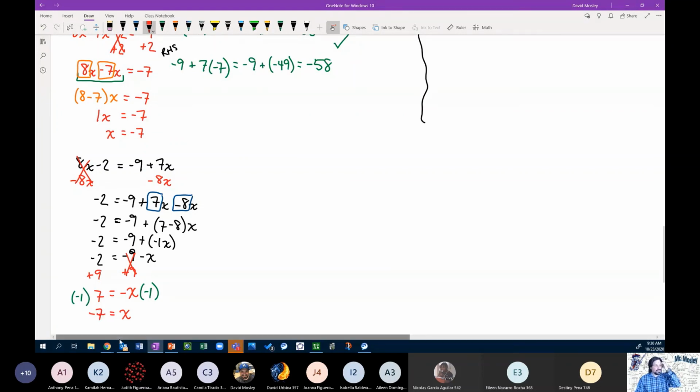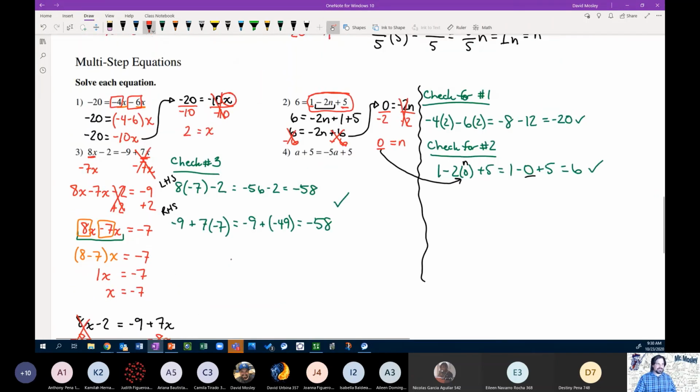Why did I choose to subtract 7x instead of 8x? It's because it resulted in fewer steps. I know that I want a positive x at the end. I don't want negative x. It makes me have to do extra work.